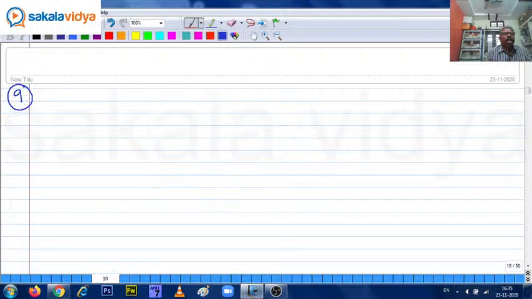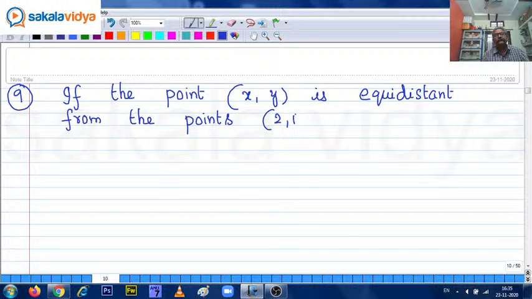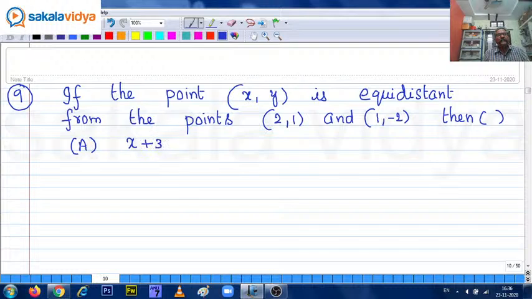Ninth one. If the point (x, y) is equidistant from the points (2, 1) and (1, minus 2), then: option A, x plus 3y equals 0.